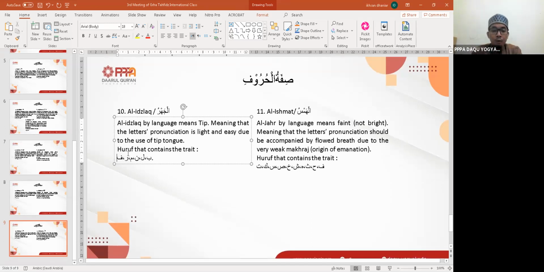So the huruf that contain the trait al-izlaq are ba, ba, ba. You find it easy and light when you try to pronounce the ba. It's so easy, so light, you don't have to make an effort. It's effortless. Ba, ba, as well as la, la, la.